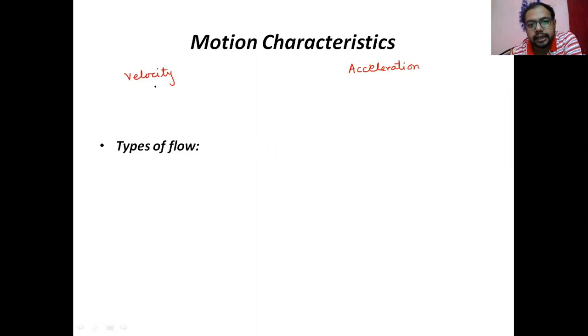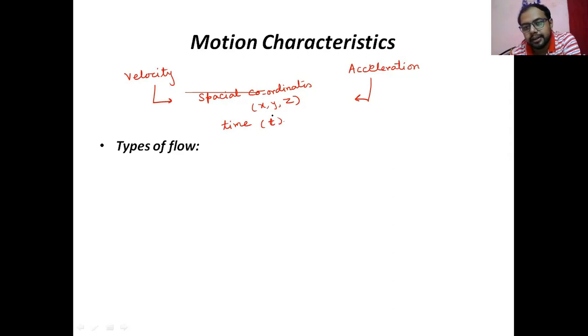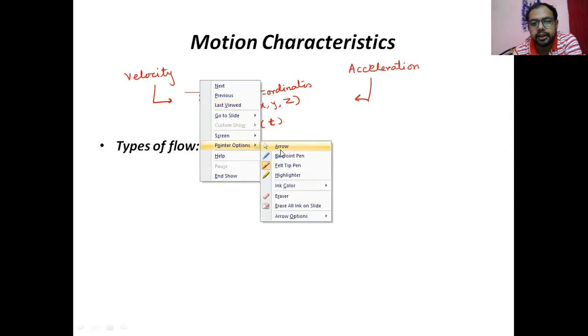The velocity or acceleration, both depend on the spatial coordinates, like x, y, z, and time. Both are functions of spatial coordinates and time.